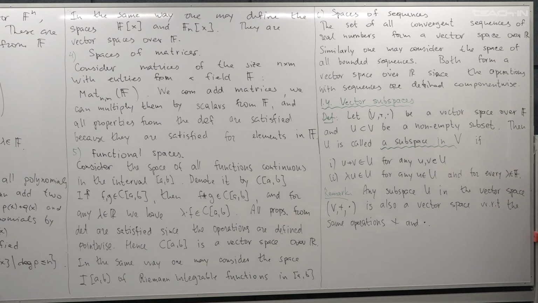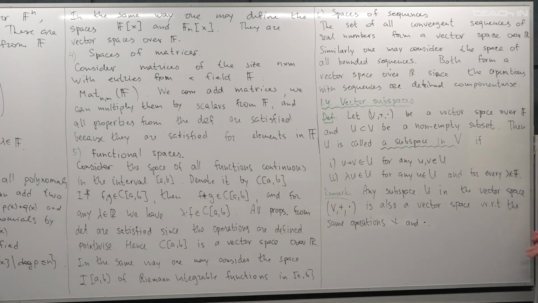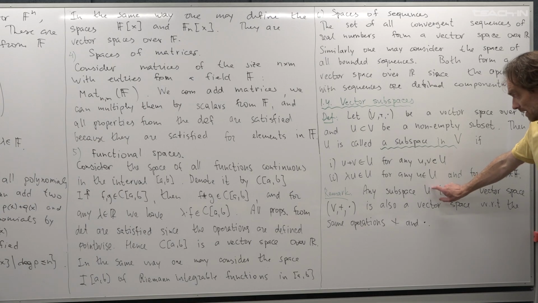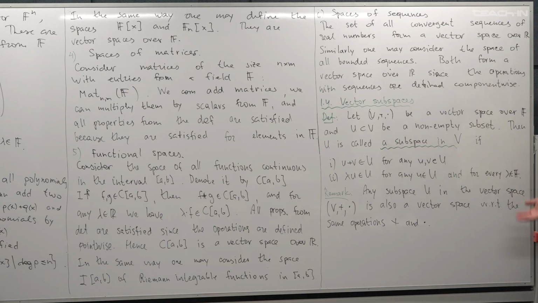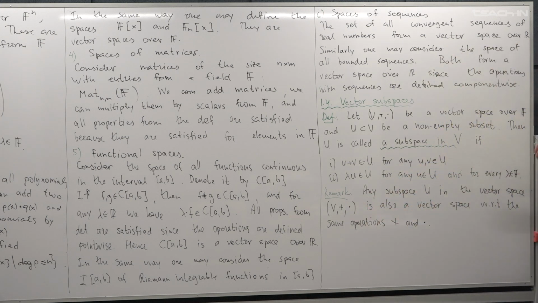If all the properties from the definition are satisfied for all vectors from V, then in particular they are satisfied for those vectors that belong to the subset U. So that's why all the properties are satisfied, but the only thing that we need to check is that when we apply these operations to the elements of the set U, we do not get outside this set.